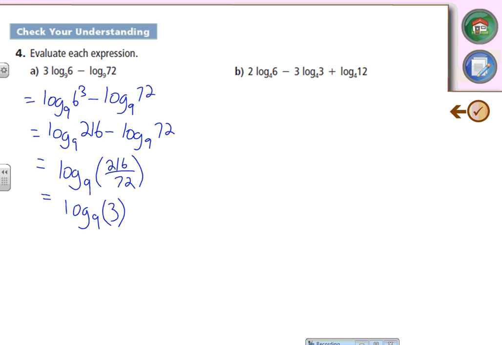And now we're saying, hey, 9 to the what equals 3? Well, we know that the square root of 9 is 3, so that means we've got log base 9 of 9 to the 1/2. An exponent of 1/2 is the same as square rooting. So 3 is the square root of 9.